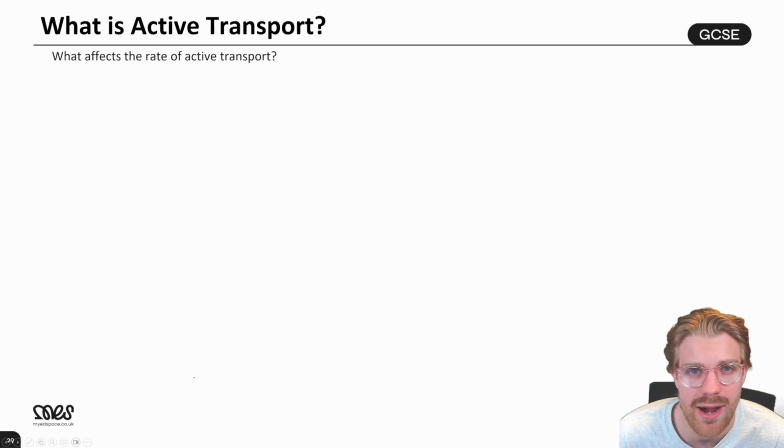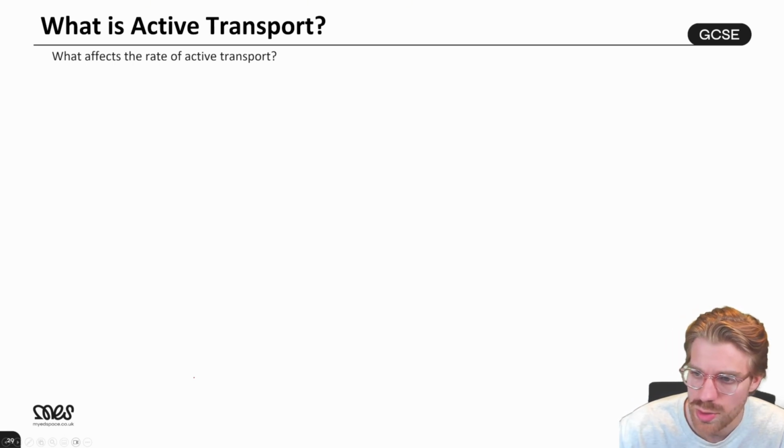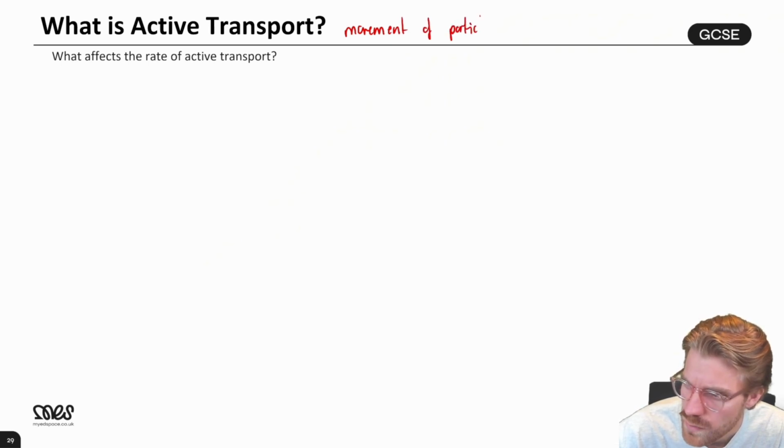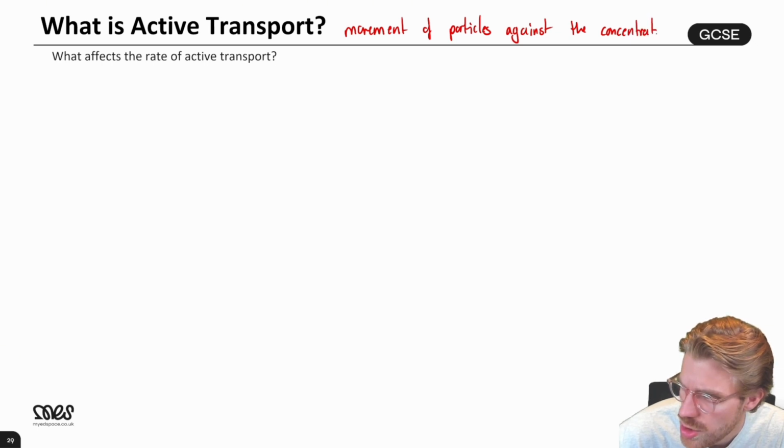We also need to know about active transport. Active transport is the movement of particles against the concentration gradient. Or we could say from low concentration to high concentration.